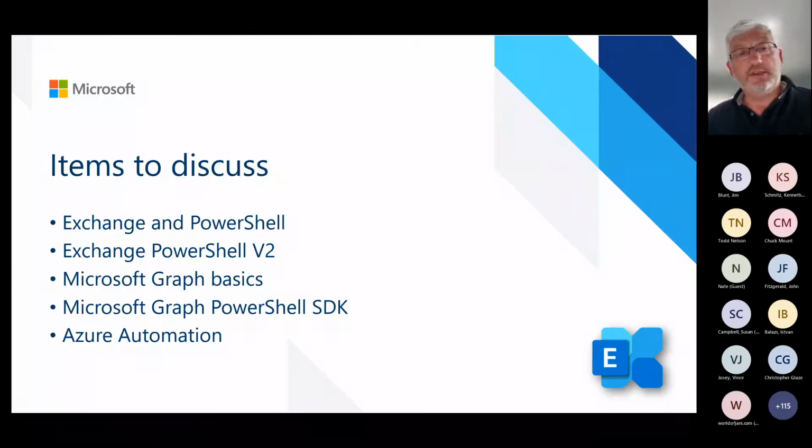So the things I want to discuss are Exchange's relationship with PowerShell, the evolution to V2, and some Graph basics that you've got to understand before you plunge into the Graph. I'll talk a little bit about the Graph PowerShell SDK, which I think is a very interesting project. It's got its flaws like all projects, and we'll talk a little about that.